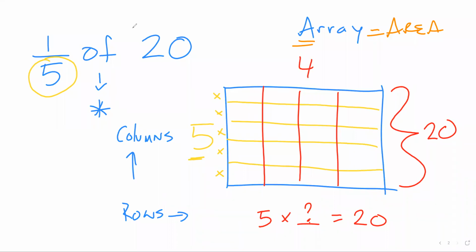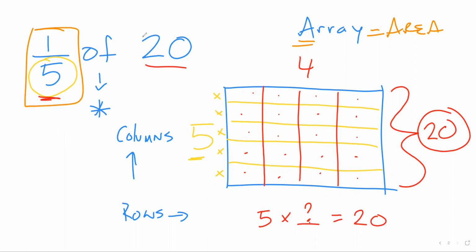And now we have this array that actually represents the 20. We know it's groups of 5, so we have 5 rows by 4 columns. And again, 1, 2, 3, 4, 5, 6, 7, 8, 9, 10, 11, 12, 13, 14, 15, 16, 17, 18, 19, 20. So there's 20 there. Now, the cool part about how we can figure this out mathematically is that, according to our fraction here, we actually want one of these 5 rows.